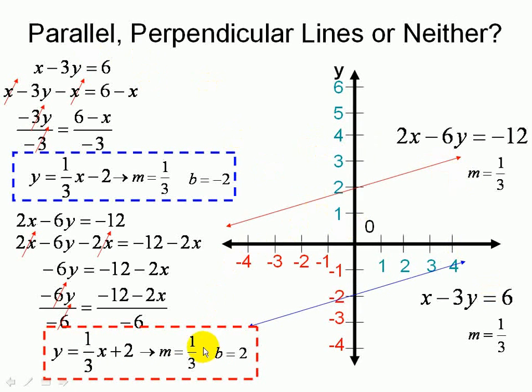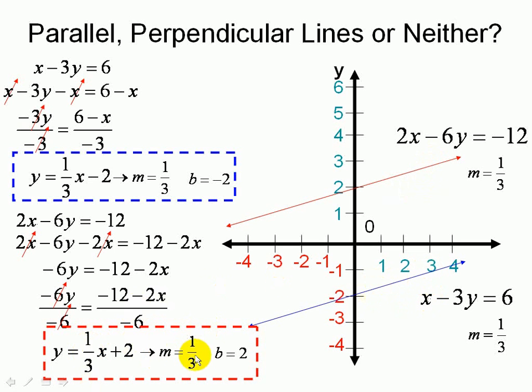Now again, to see this slope of 1/3, we can see that this is positive 1/3. So if we go 3 units to the right, we go 1 unit up, as shown here. So 3 units to the right, 1 unit up. Therefore the slope is 1/3.